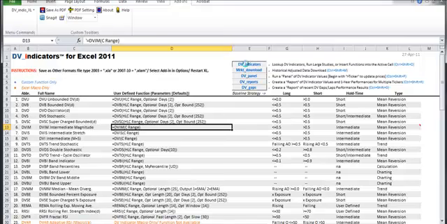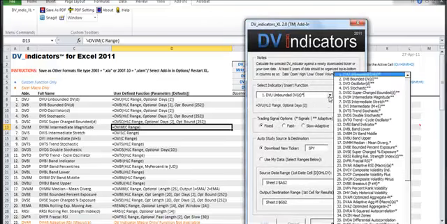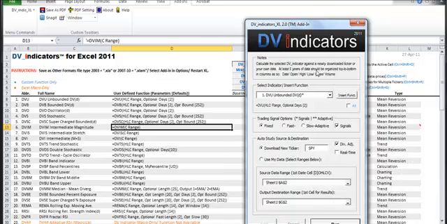But perhaps some of the more famous indicators available are the DVB, the DV bounded indicator, and the DV oscillator, which are very powerful short-term mean reverting indicators, which means that if the market has moved too far too quickly in one direction, it's likely to go back in the other direction. But what these indicators do very well is define just where too far is, or how too fast is.